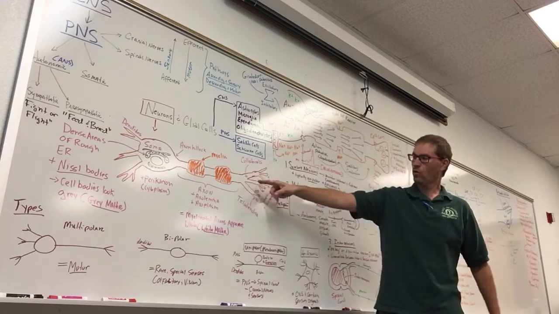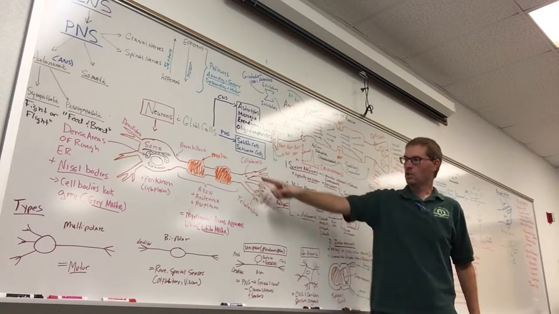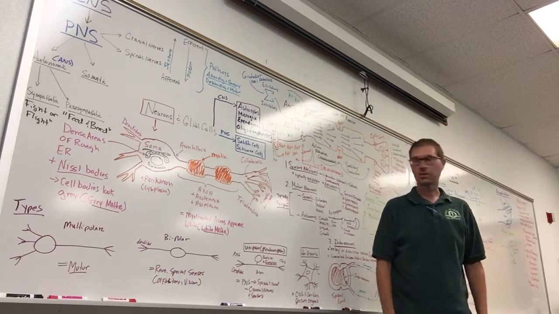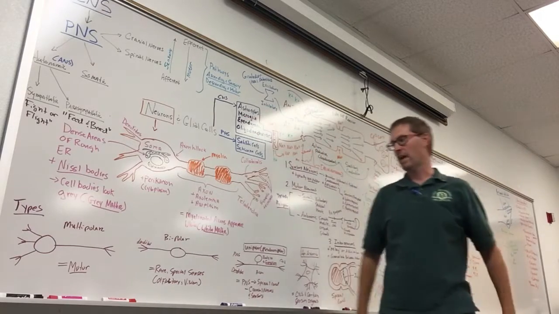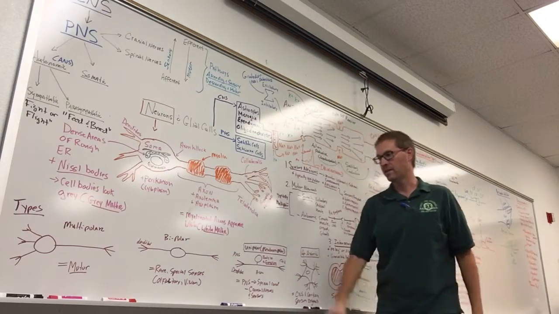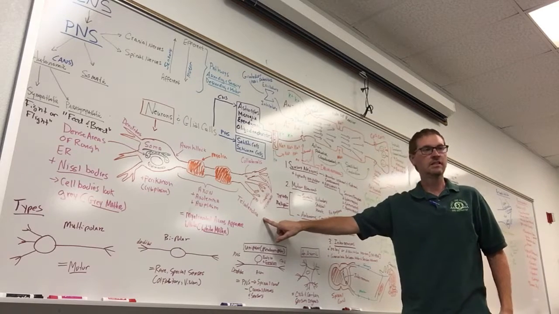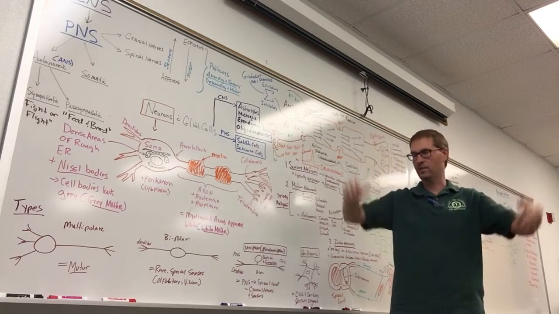Now, once we get toward the end, the axon starts branching out. The large branches are what are known as the collaterals, the axon collaterals. And then the collaterals further branch out into what are known as the telodendria, the fine branches.